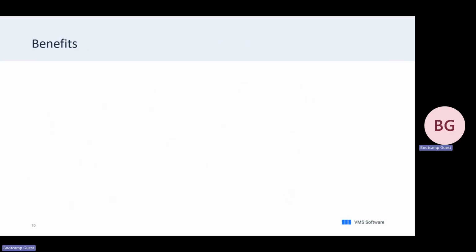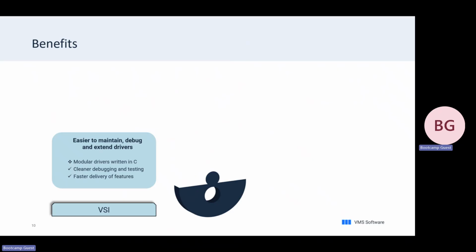So what are the benefits of driver modernization? From one side, the VSI company can benefit by having a code base that is easier to maintain, since we want to have modular drivers that are written in C. And this provides a clean foundation for us to make debugging and testing cleaner. This means also that we can deliver faster every new feature that we may need in the future.